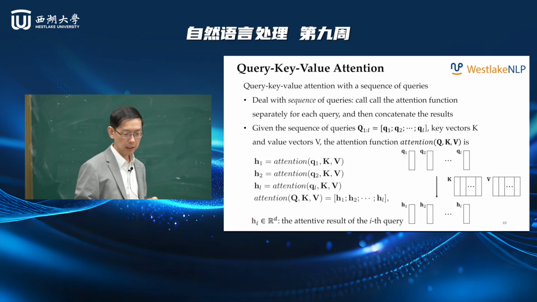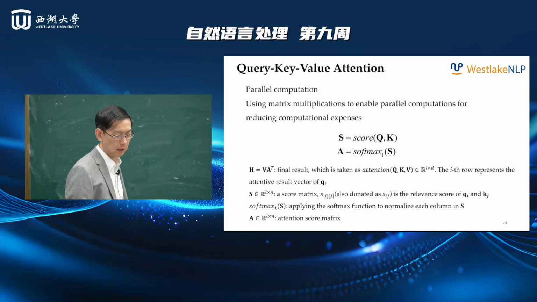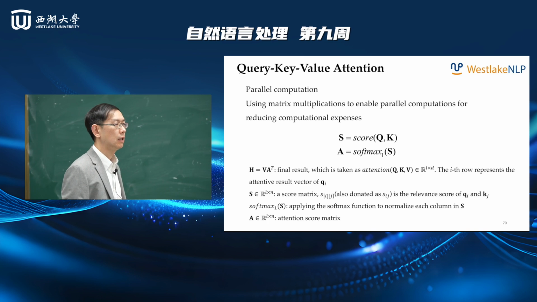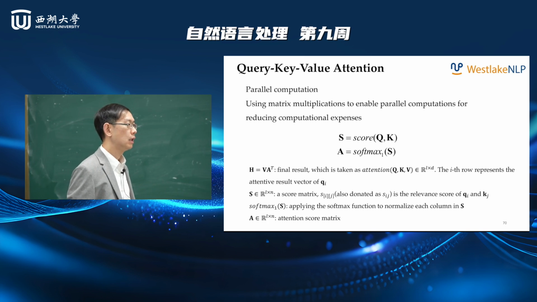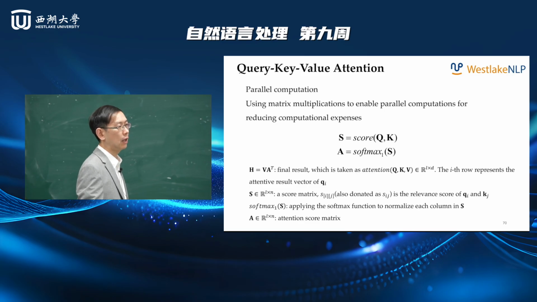Why do I mention that? I mention that because you can calculate L different queries in one run. If you have a GPU, they can run in parallel as a matrix multiplication. You have to read this offline and figure out that these equations are correct, because we don't have time to derive it together in class.